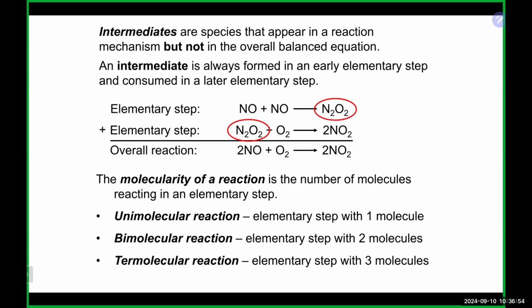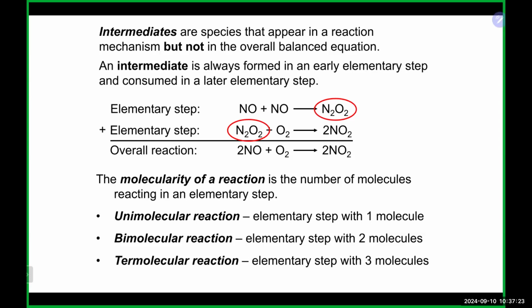There's also something referred to as the molecularity of a reaction. Some reactions are unimolecular, which means they only have one molecule reacting in the elementary step. Some are bimolecular, which means there are two molecules reacting. And some are termolecular, which means there's three. Like we've talked about previously, you typically don't see very much more than three things reacting at once.